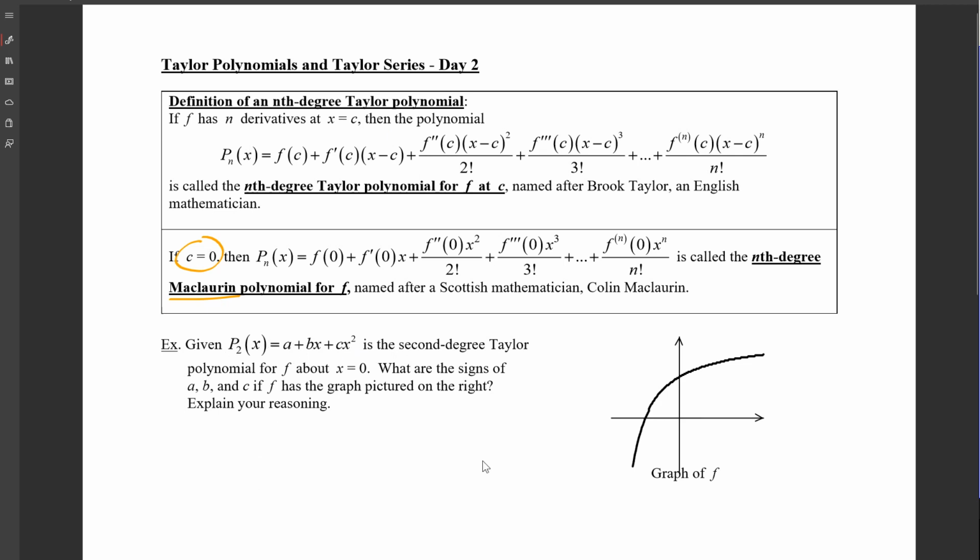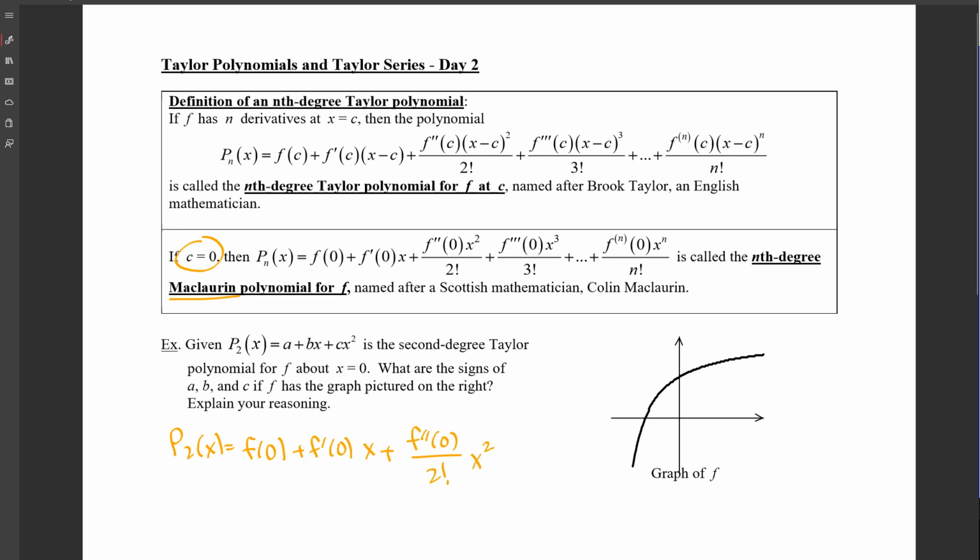So let me write the Maclaurin polynomial. P2(x) is equal to f at 0 plus f prime at 0 times x plus f double prime at 0 over 2 factorial times x squared.